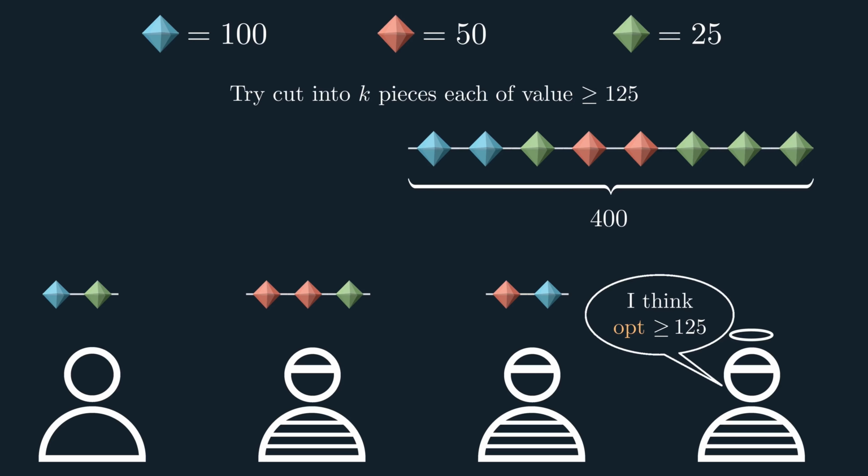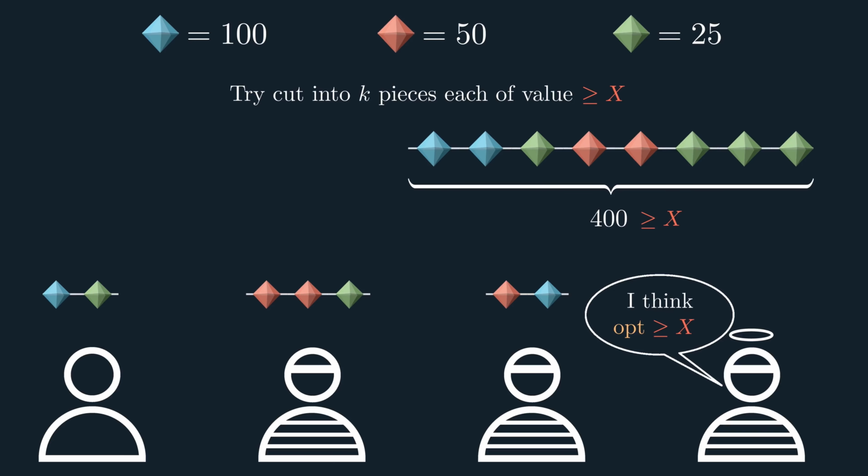However, we need to check if the total value of the last piece is also at least 125 to ensure that the last person also gets enough. That way, we split the necklace into k parts, all having a value of at least 125. This also works if we replace 125 with another constant x.